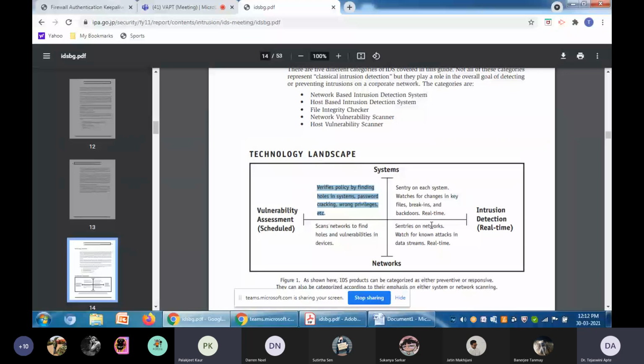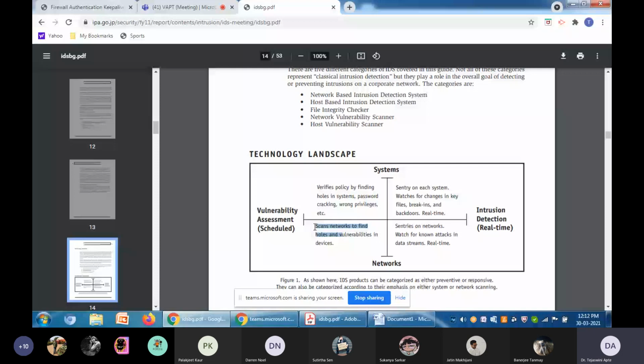Got it. I need to take care of my application, and that is why till last week we were just discussing the application. These two things are going to work on the systems. If the system is good, then watch for known attacks, and then you scan the network to find the holes and vulnerabilities in the devices, because as we have discussed, the firewall and the IPS work on the devices.